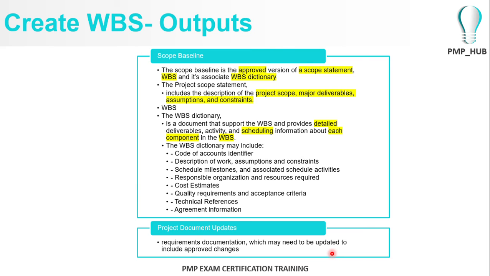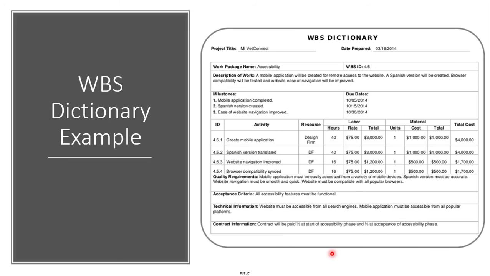Or you can simply detail out your sub activities, the number of hours required, the materials required, and the total cost for that package. Then any specific quality requirements, any specific acceptance criteria. If you're constructing in a construction project, for each such item there may be acceptance criteria, maybe for wood quality, or for the contractor doing it, maybe a sample test or wood quality testing.